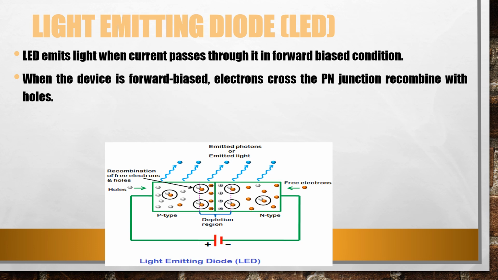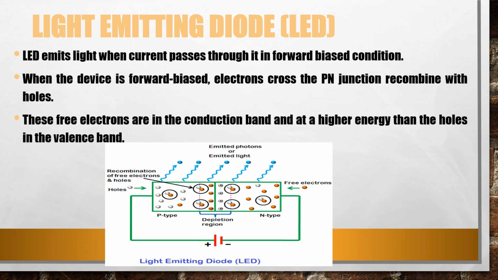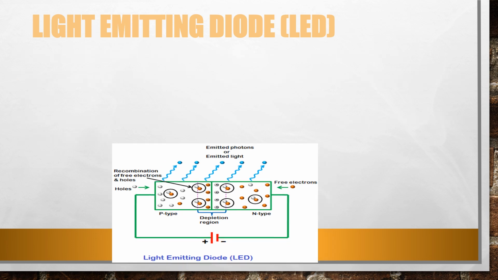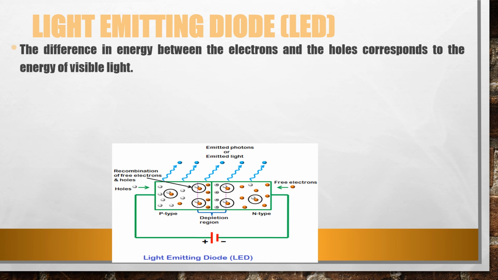These free electrons are in the conduction band and they are at a higher energy than the holes in the valence band. The difference in energy between the electrons and the holes corresponds to the energy of visible light as shown in this figure.